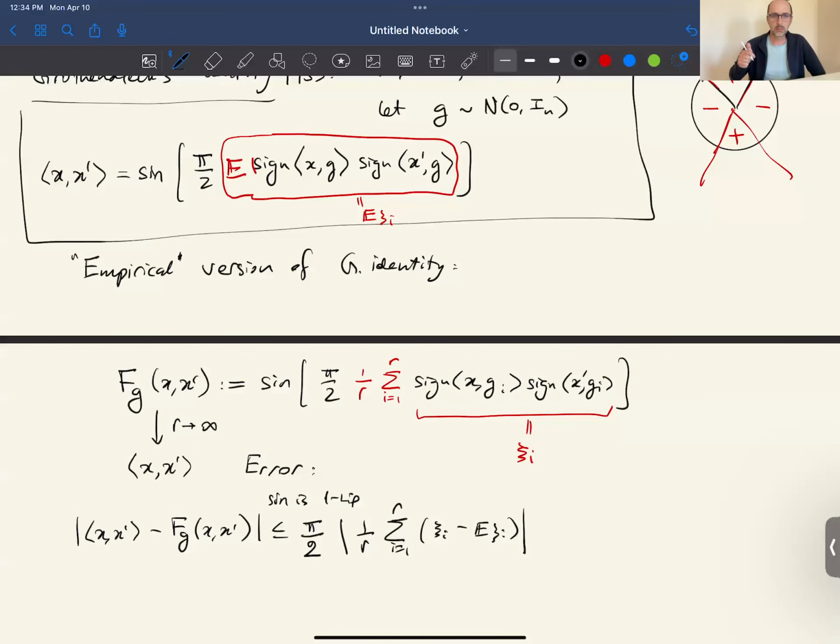Everything is good. I only use Lipschitz to get rid of the sine, and that's it.